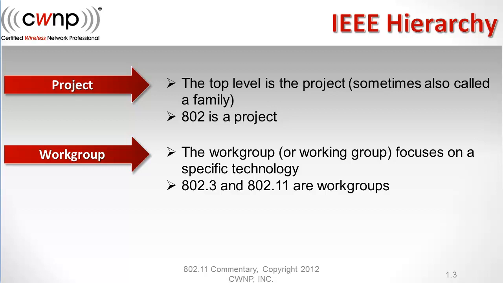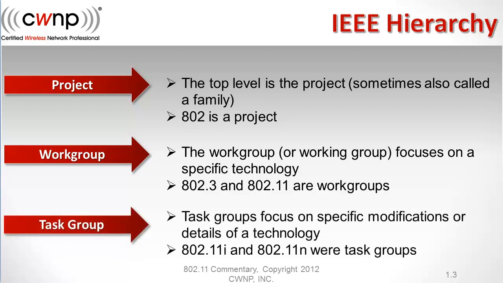So 802.3 focuses on Ethernet LANs. 802.11 focuses on Wi-Fi LANs. Now, Wi-Fi is not a standard term. It is an industry term trademarked by the Wi-Fi Alliance, but this technology is defined in the 802.11 standard. We also have 802.15, which defines in part Bluetooth. We have 802.16, which defines WiMAX, and so forth. So there are many different working groups or work groups within the 802 project.